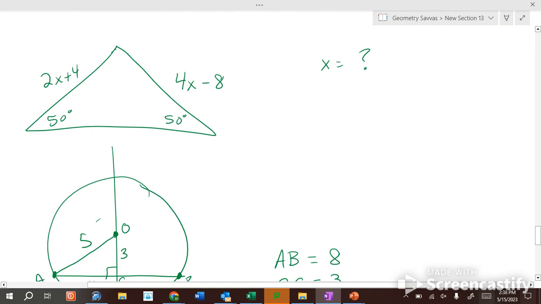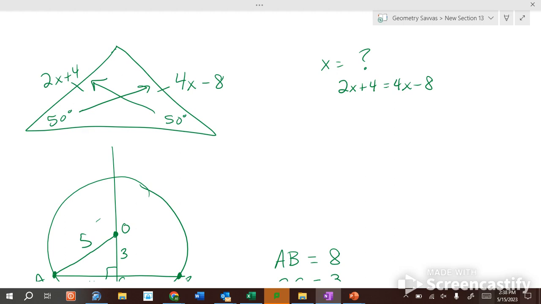How would I figure out what x is here? Why is 2x plus 4 equal to 4x minus 8? By the isosceles triangle theorem, if you have two base angles that are congruent, then the opposite sides are congruent. How do we solve this? Subtract 2x.